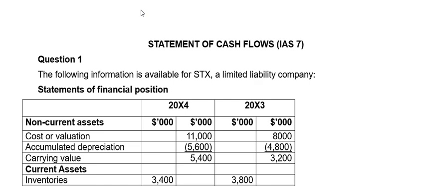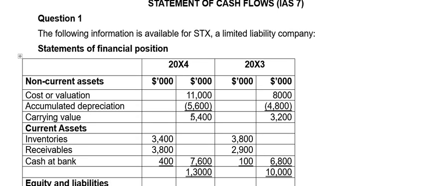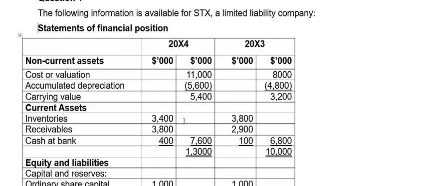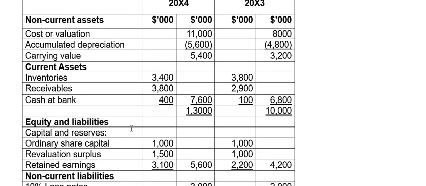So we have this statement of financial position, 2003 and then 2004, non-current assets. As you can see, we have non-current assets at cost, and then non-current assets at their current values after deducting the accumulated depreciation from the cost. We have the current assets, inventories, receivables, cash at bank.